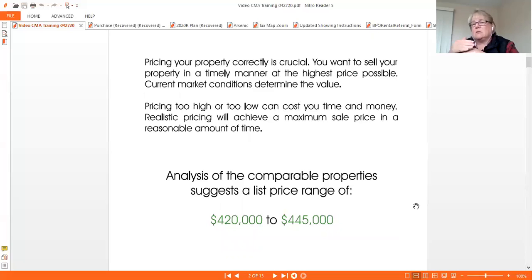We may not get as many showings or inquiries as we want. And so we do like to put that price somewhere in the middle of that range instead of going all the way to the top of that range. And so for this one, in mind with what you're saying that you were hoping to get 435 for it, my recommended price on this would be 439.9.